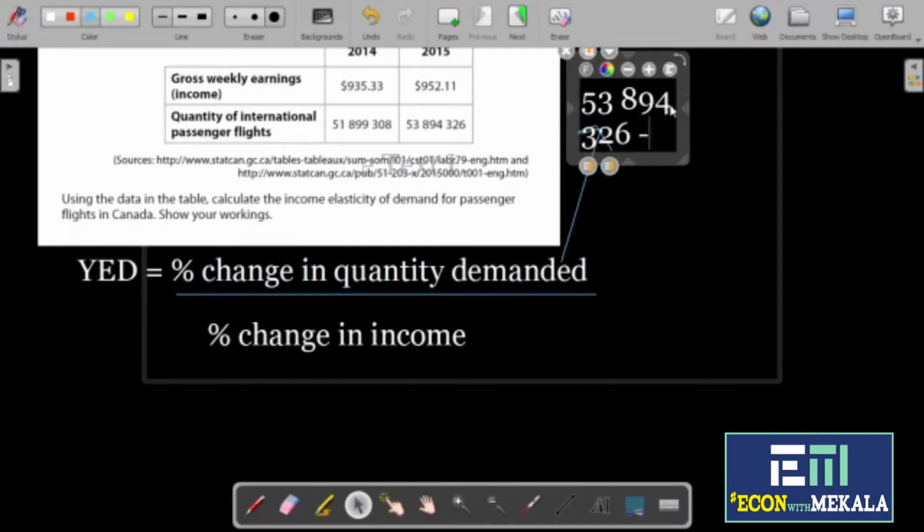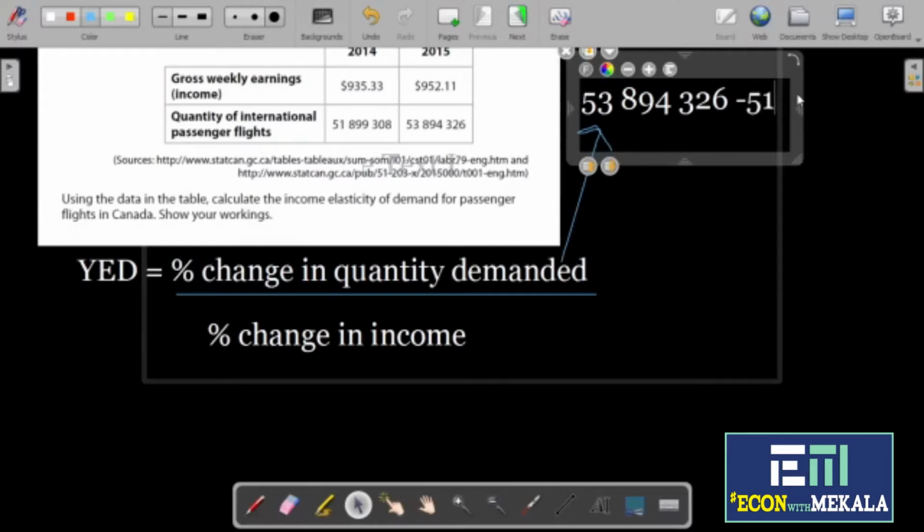From this amount, we have to minus the quantity in 2014. That is 51,899,308.